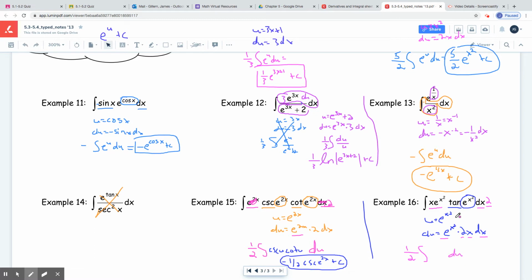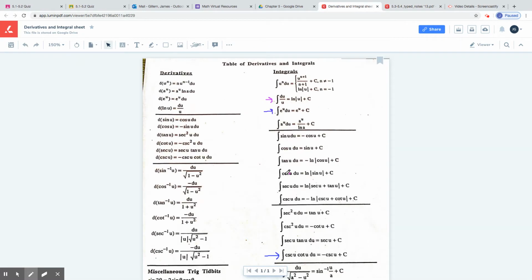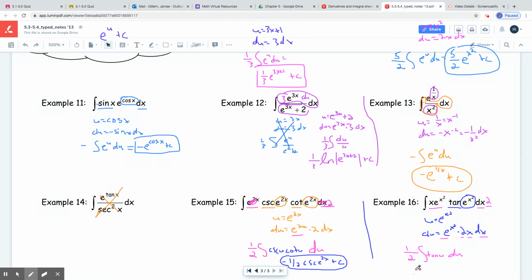And what am I left with? Tangent u. So I'm left with 1/2 tangent u du. What's the integral of tangent u du? Well, let's look. Go to my sheet. It's right there. It's negative natural log of cosine u plus c. So the answer is negative 1/2 natural log of cosine u, where u is e to the x squared, plus c.